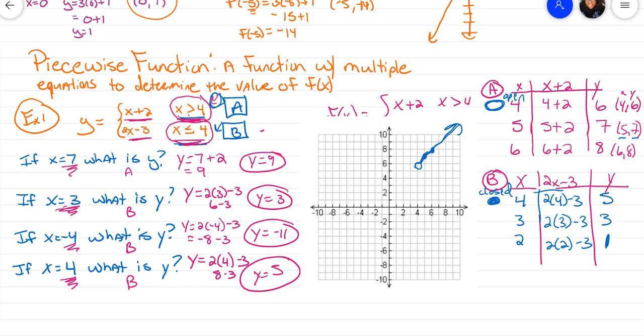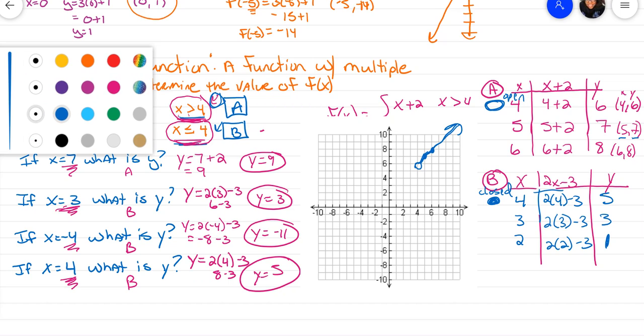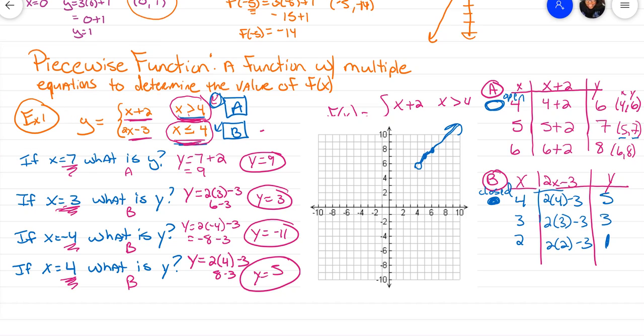The other one will be 4, 5. That's going to be closed. And then it'll be 3, 3. And 2, 1. And it will go this way.